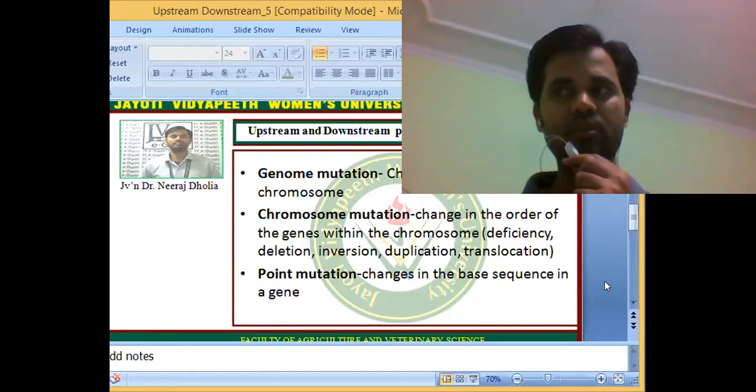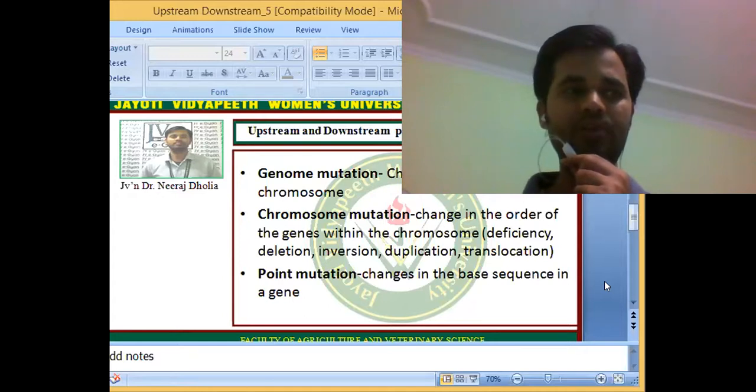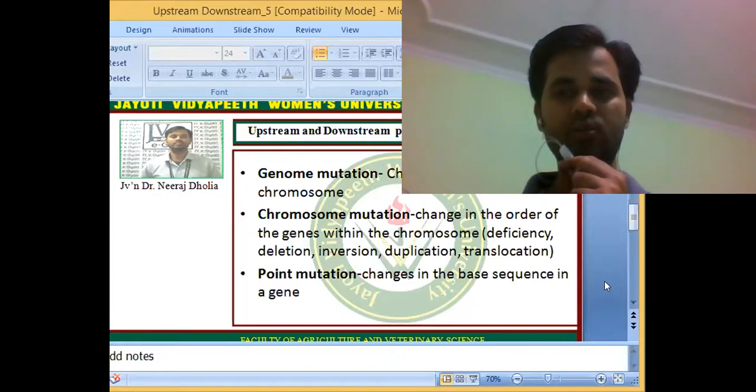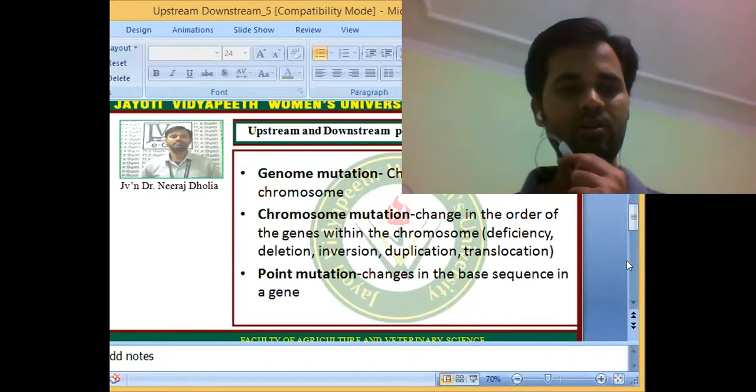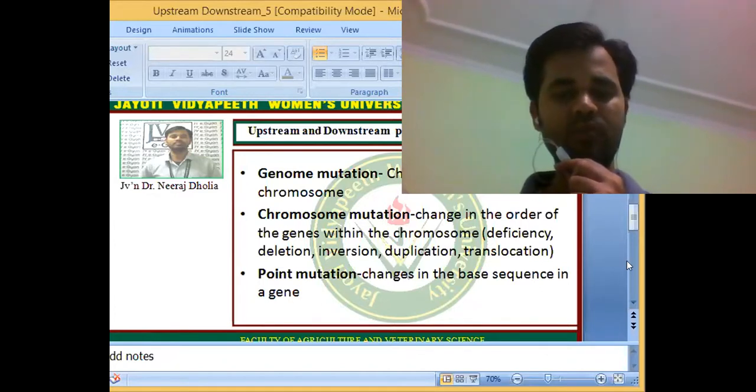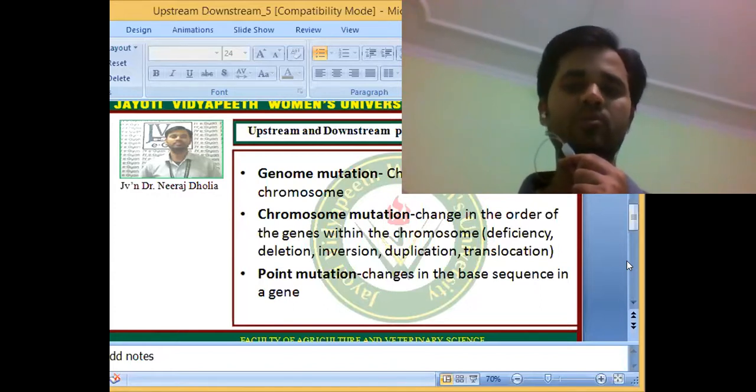Suppose the repetition of some gene is 10 and we want it to produce more of the same protein or material, so we duplicate and replicate the gene in its chromosome. Next, in chromosome mutation there is one type of mutation, that is translocation. In translocation, we change the position of a specific gene in the chromosome.